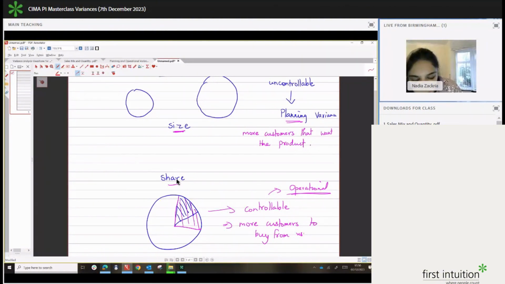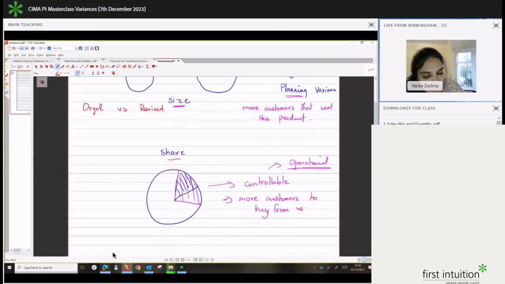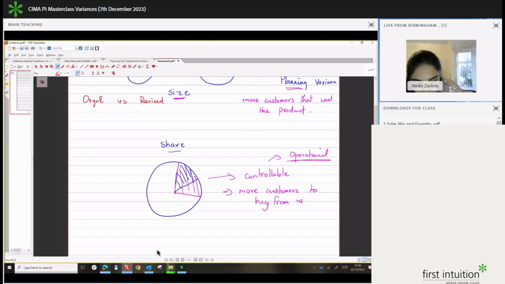Planning will always be original versus revised, whereas operational will always be actual versus revised.